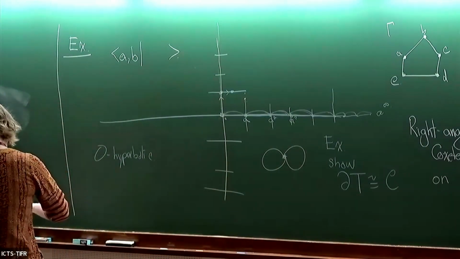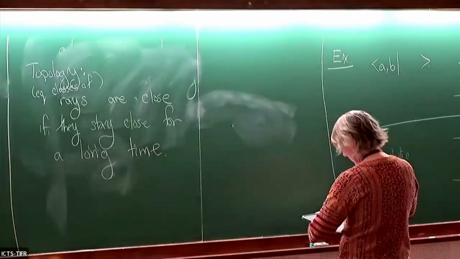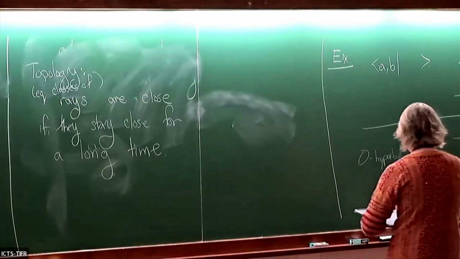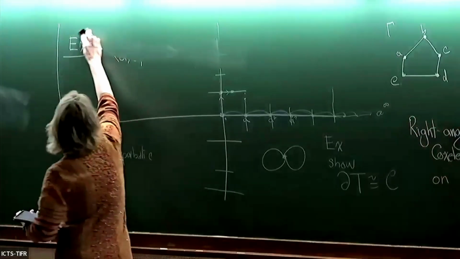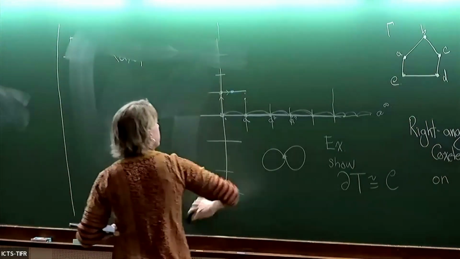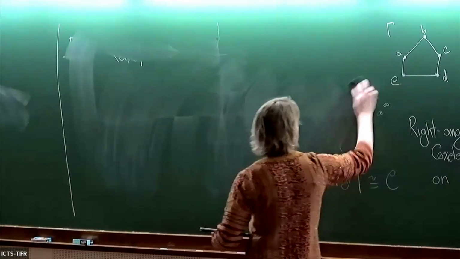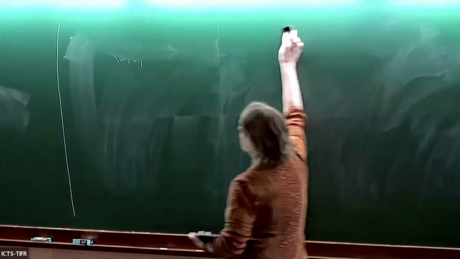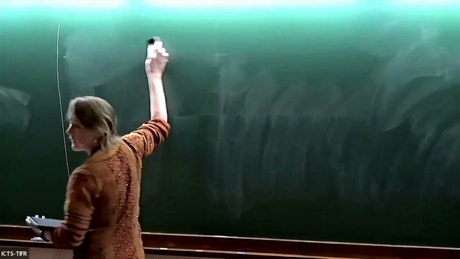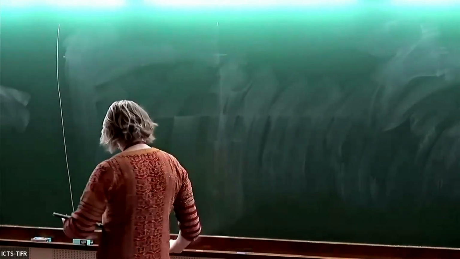So here's some magical facts about the boundary. The boundary is very useful. So now we have a topological space associated to just the boundary, to dX.